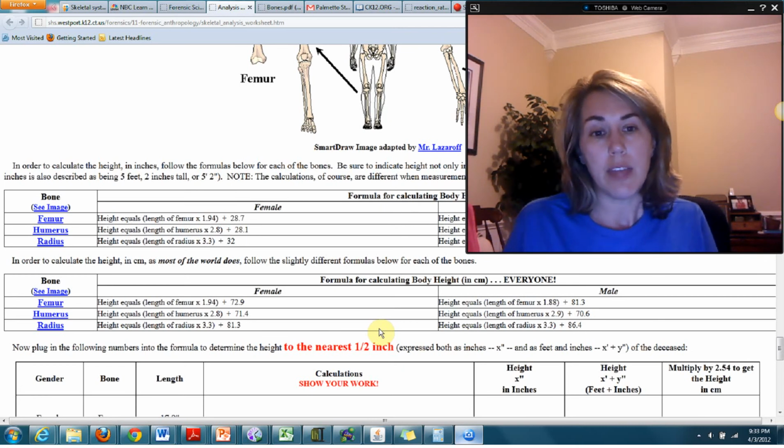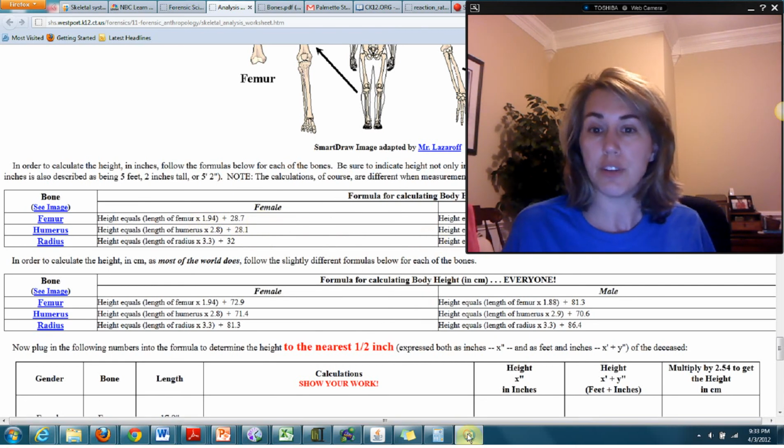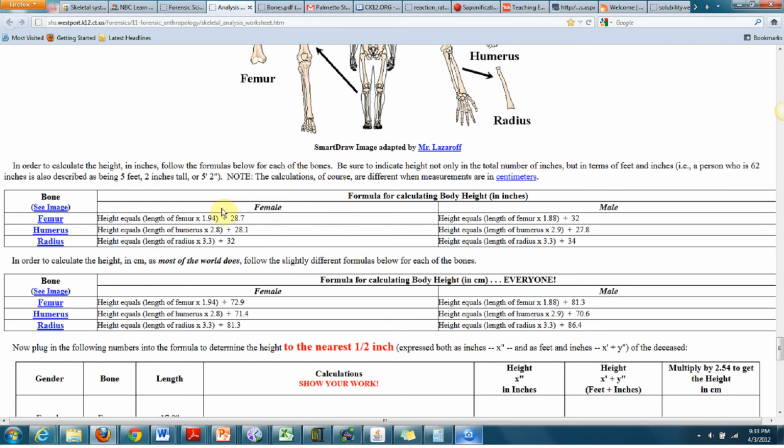So as we look at your height when you're at the doctor's office, that same information where they look at your percentile is how they look at this information here with respect to calculating the height of males and females.